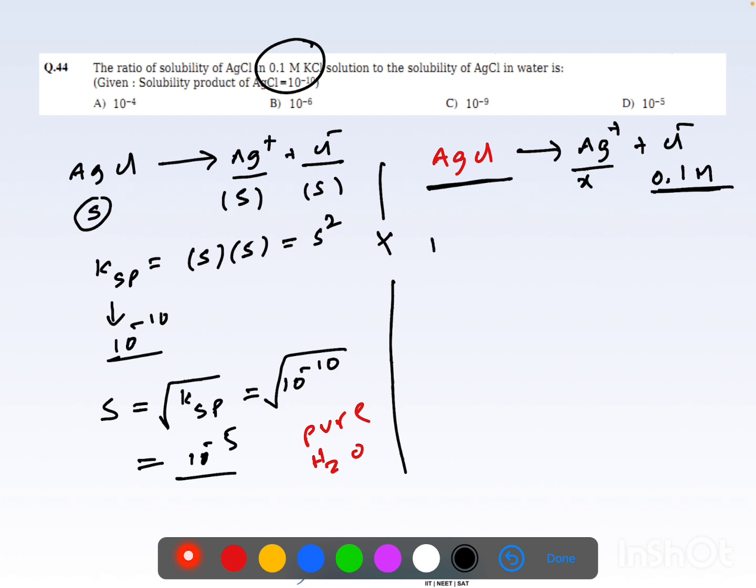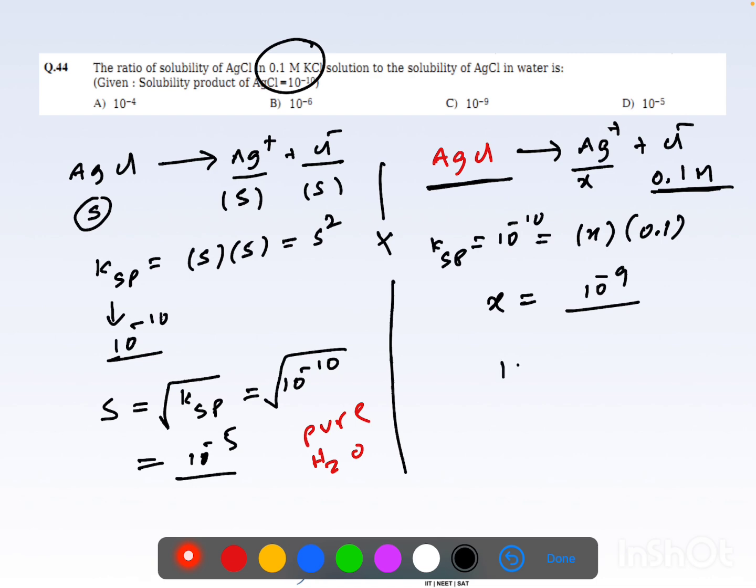Now the Ksp value will be the same, that is 10 to the power minus 10. It is equal to the concentration of Ag plus, which is X, and the concentration of Cl minus, which is 0.1. Now X will be 10 to the power minus 9. Now they are asking for the ratio of solubility in 0.1 molar KCl.